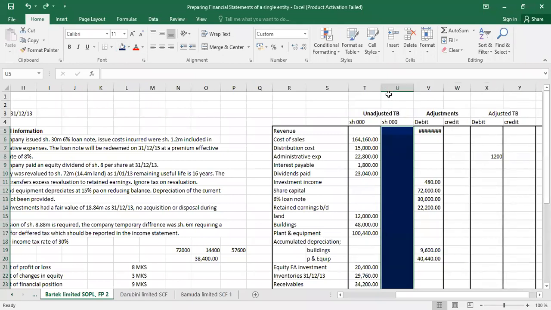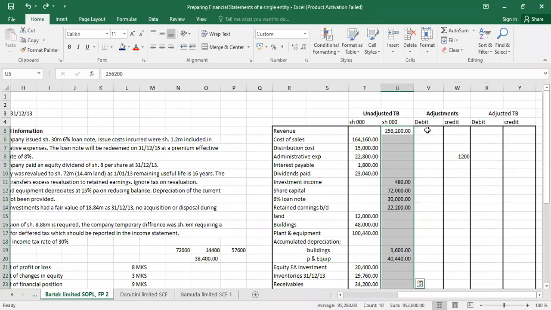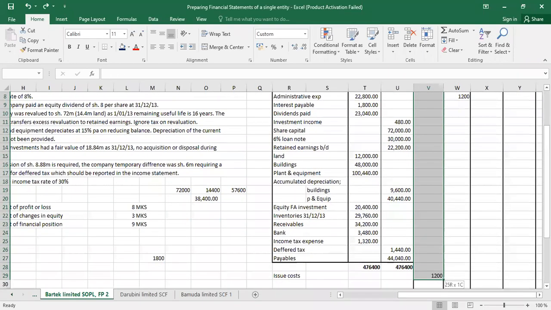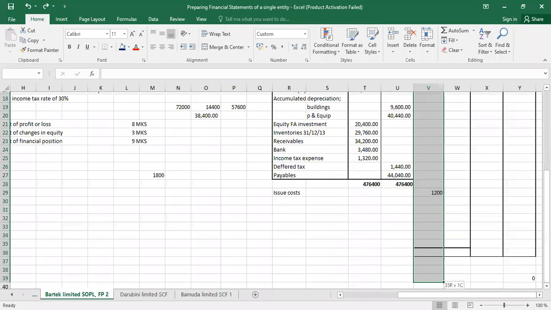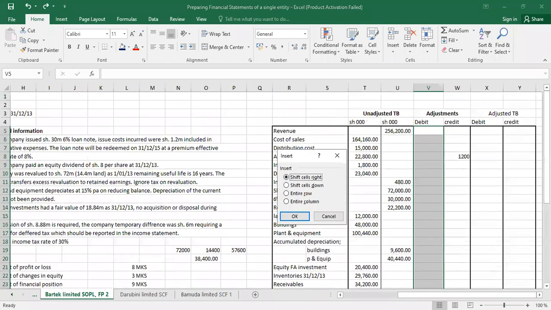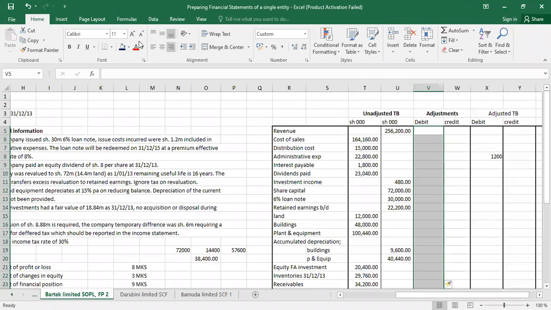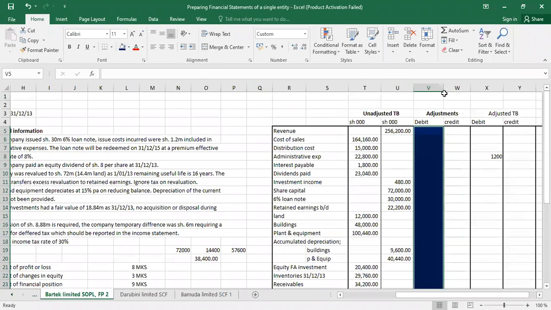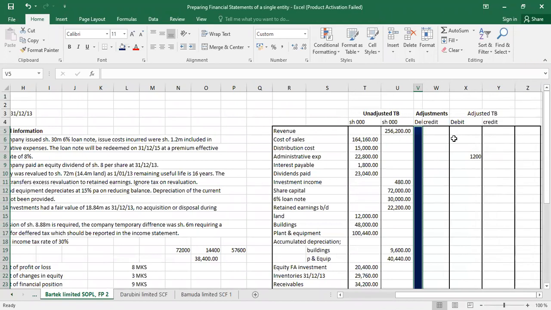Sorry, Control Z. So you select the debit one, not the other one. Then Control Shift Plus, move cells to the right. Then I'll give it a color, and then I'll reduce the size. Isn't it? So here I'll clear the content first. Also this one.